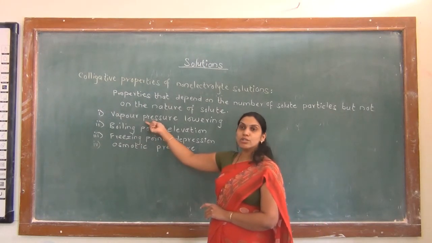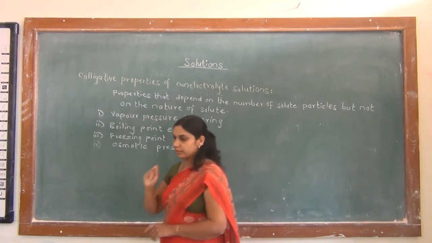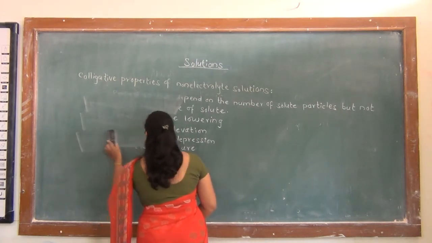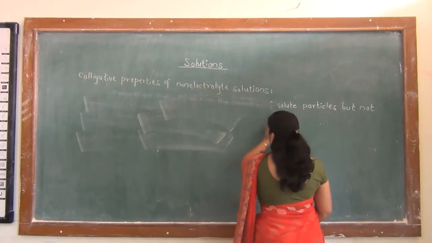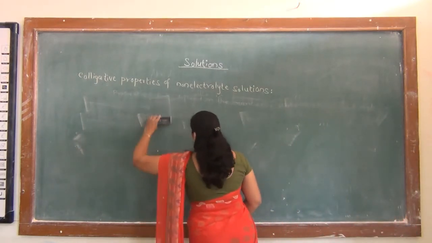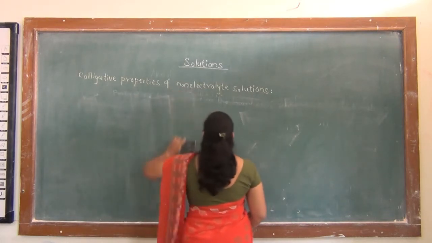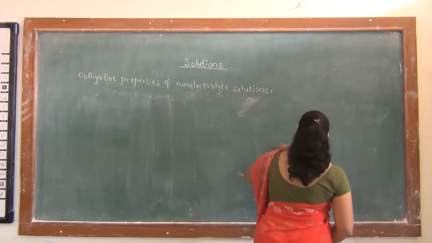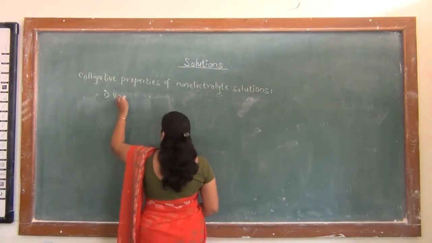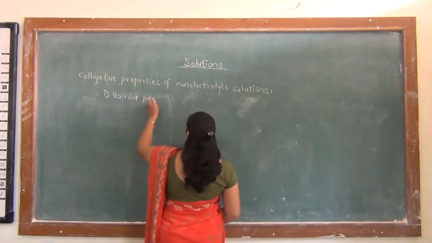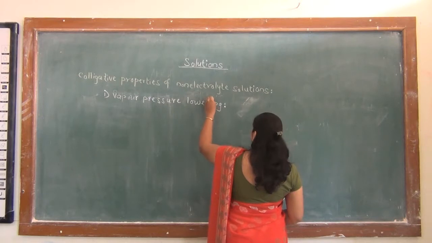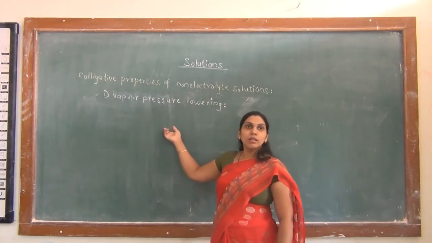So we will start with the first colligative property, that is vapor pressure lowering. Vapor pressure lowering is a colligative property.